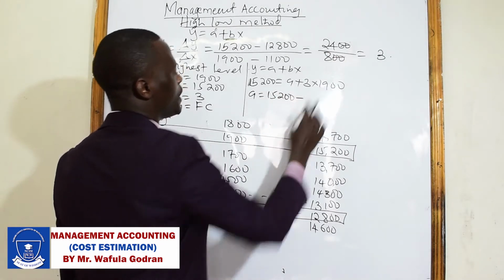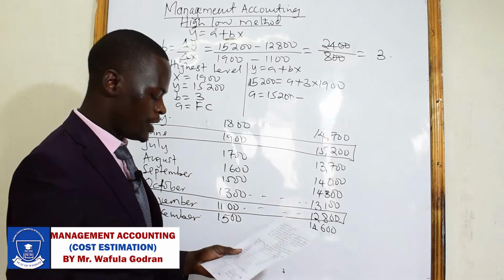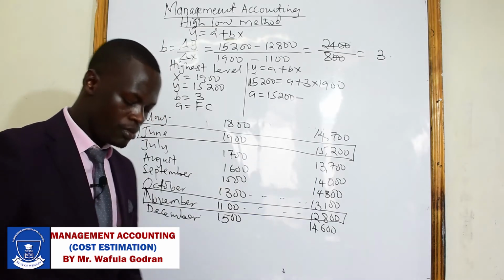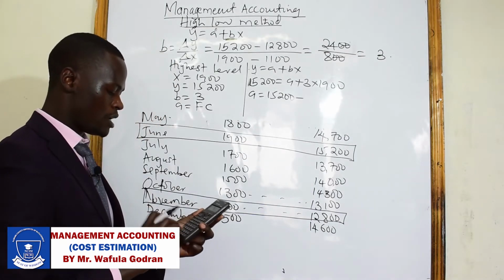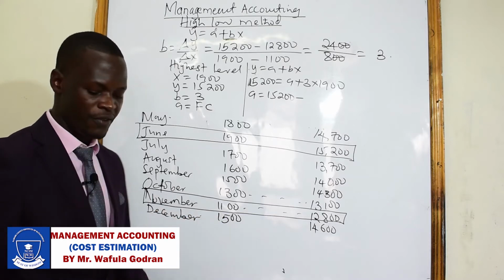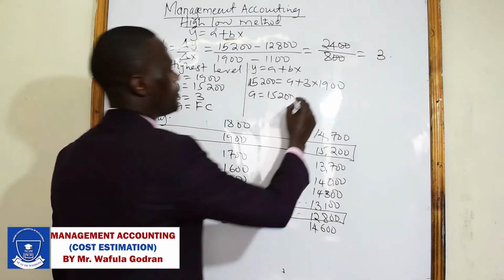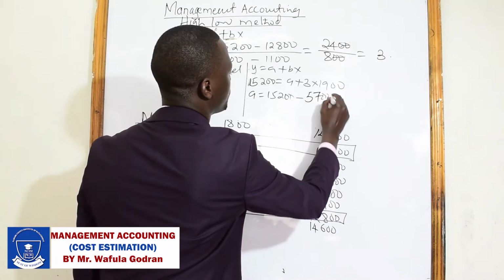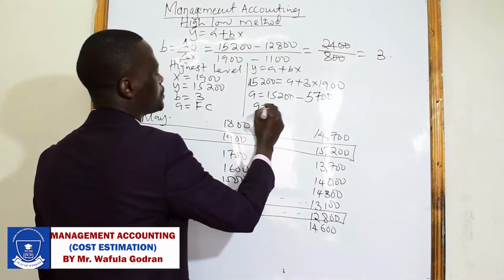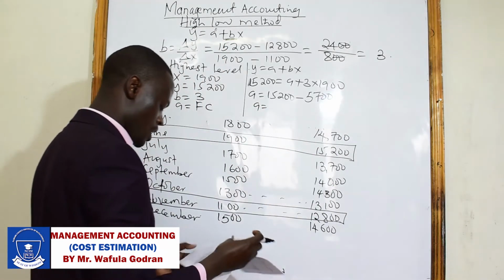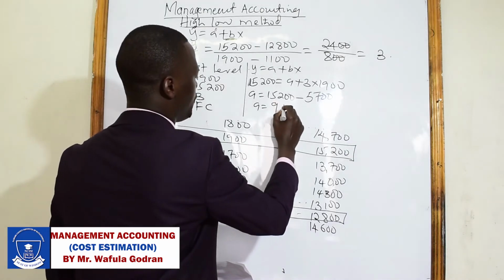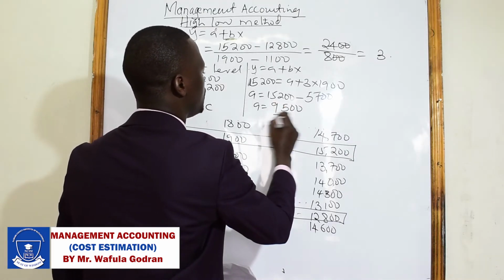If we make A the subject of the formula, then A will be 15,200 minus, if we multiply 1,900 times 3, it gives us 5,700. So minus 5,700. Therefore, the fixed cost is 9,500.